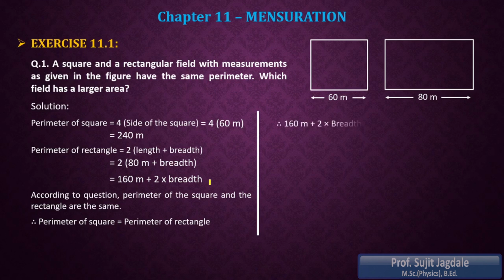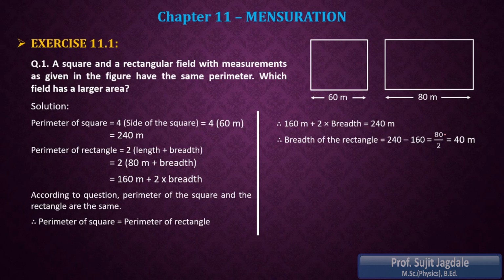Comparing these values, we get 160 meter plus 2 times breadth is equal to 240 meter. Now we have to obtain the breadth, so transfer the remaining terms to the other side. 160 will be transferred to the other side, which becomes 240 minus 160, which is 80, and then this 2 is transposed to the opposite side, going to the denominator. So 80 upon 2, which is equal to 40 meter, is the breadth of the given rectangular field.